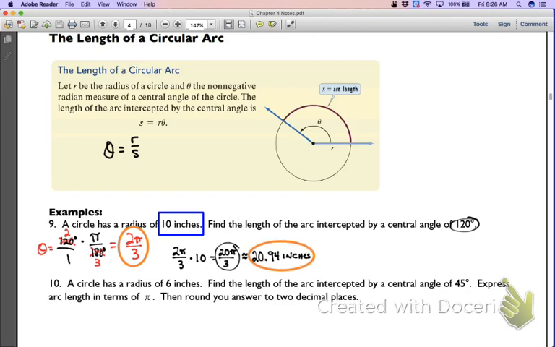Either one's okay. Pay attention to see what it asks. If it asks for it rounded, then you can round it. Other than that, leave it in exact form and just leave it as 20 pi over 3.